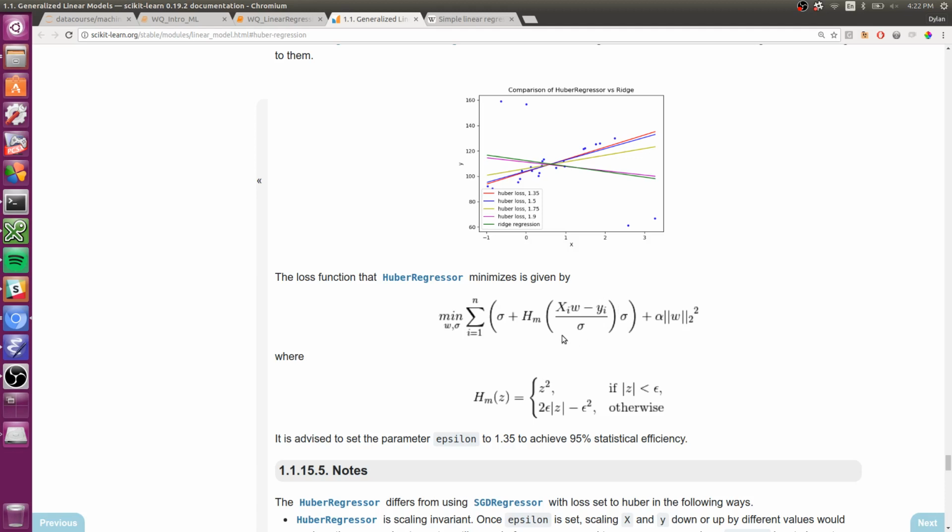And it's not possible to calculate what the model parameters, in this case these W, ought to be in order to minimize this loss. And so, since we can't calculate analytically what these weights should be, the Huber regressor uses gradient descent to attempt to minimize this loss.